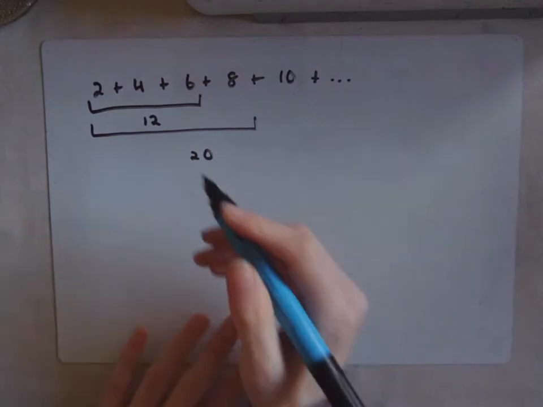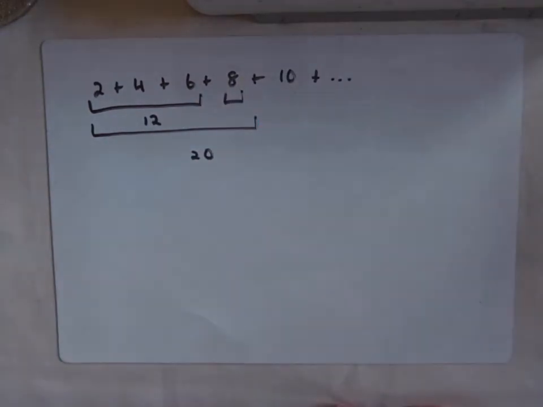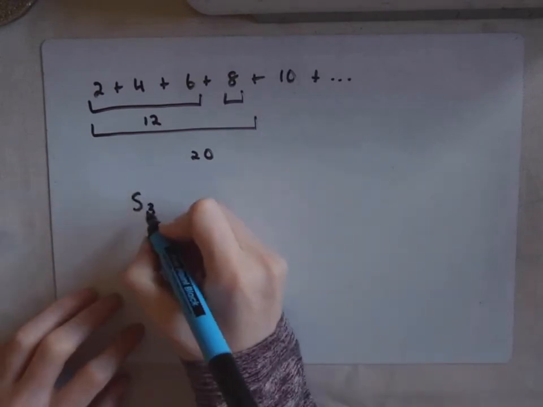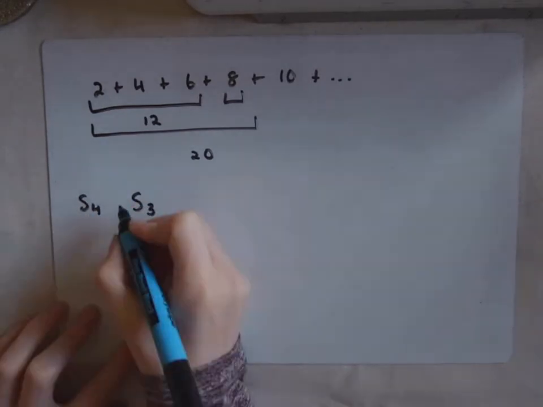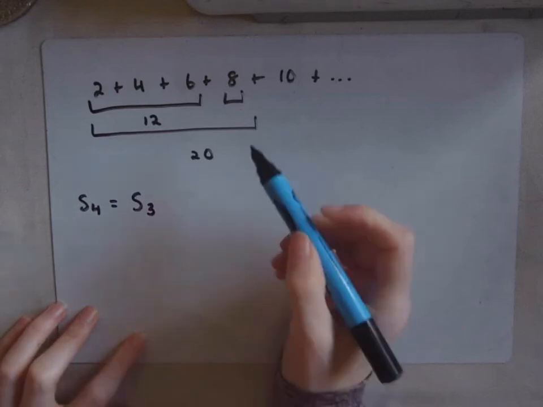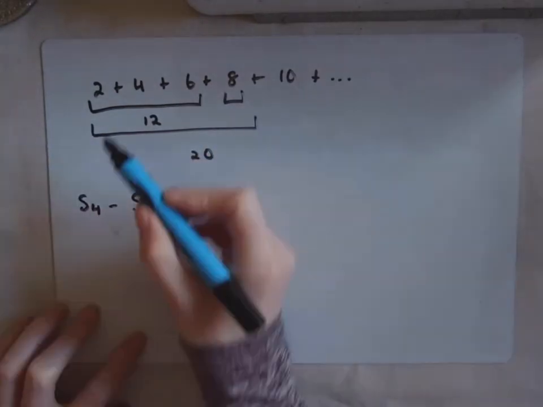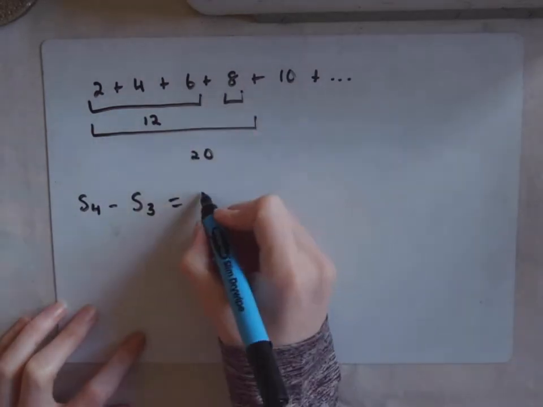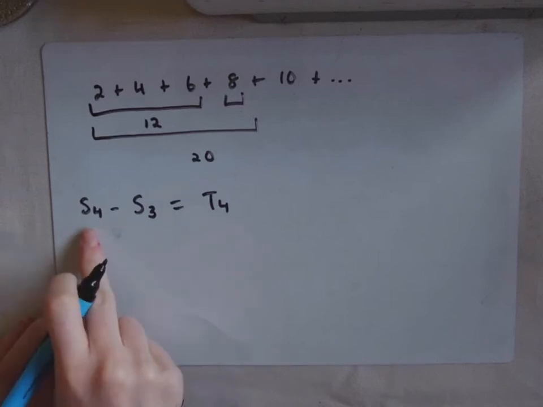So S of 3 and S of 4, when I take them away, S of 4 was 20, S of 3 was 12. When I take them away, I get 8, which is T4. So the sum of the first four terms, take away the sum of the first three terms, gives you the fourth term, because that's what you're adding on to get the sum of the fourth.